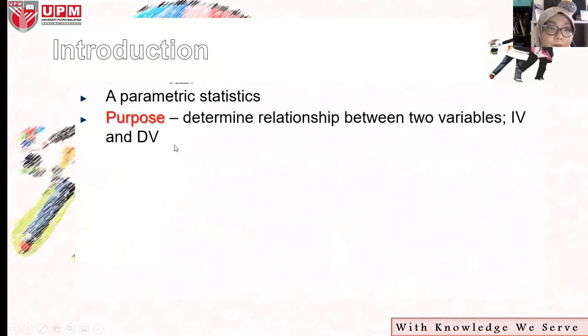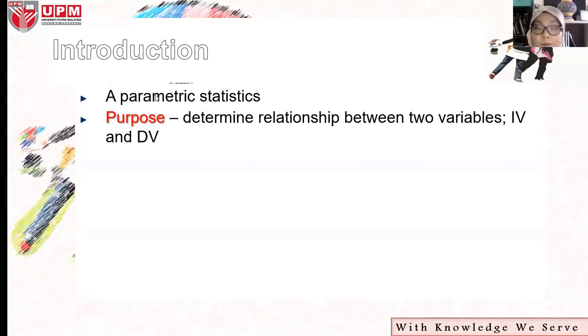The Pearson product moment correlation is a parametric statistic, so if you want to run this analysis, you need to make sure that both IV and DV in your data set meet the requirement of normality.